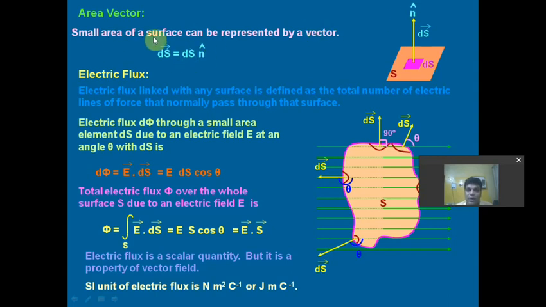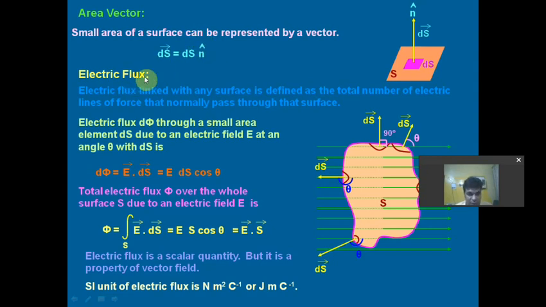So a small area of a surface can be represented by the vector ds. This is the magnitude ds, and n cap is a unit vector along this small area ds. So ds vector is represented by ds into n cap, where n cap is a unit vector.